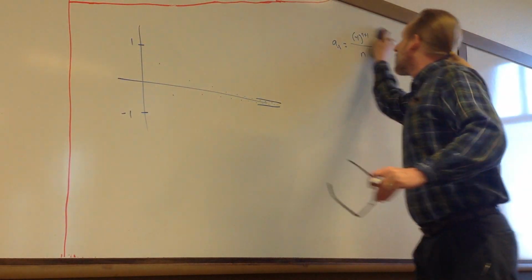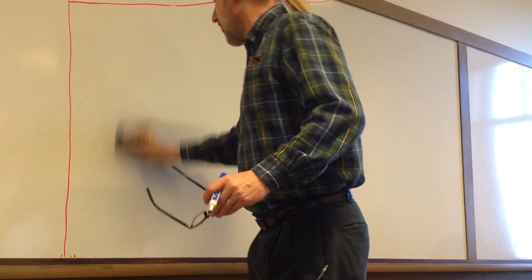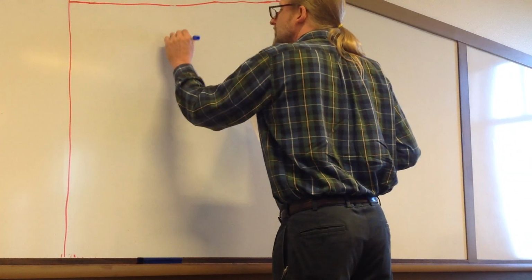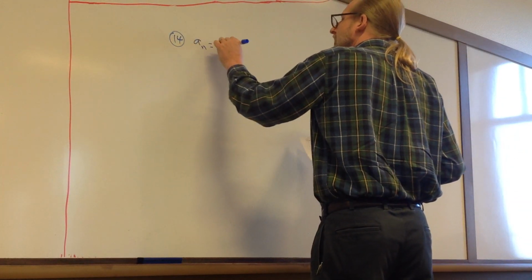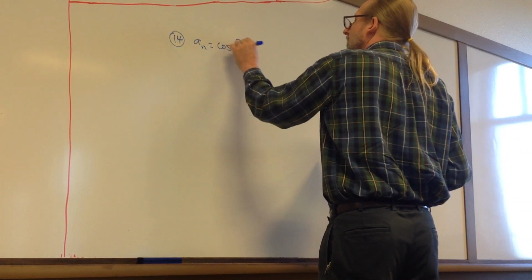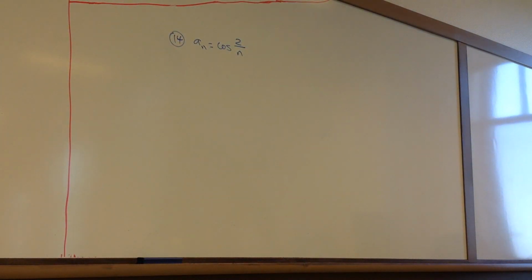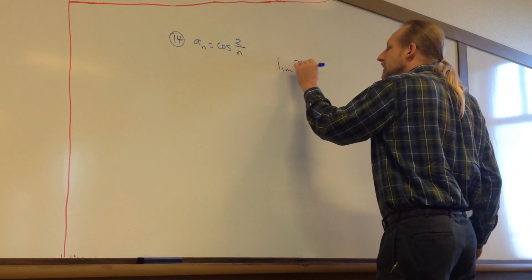Okay. Let's look at a couple more of these problems. Problem 14 is kind of interesting. We get into one of these trig functions. A sub n is the cosine of 2 over n. Just like we were doing with those other problems, pull out the piece that has the n in it, and let's look at the limit for that.